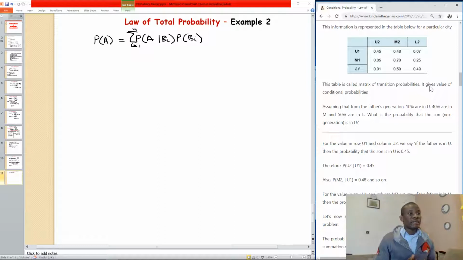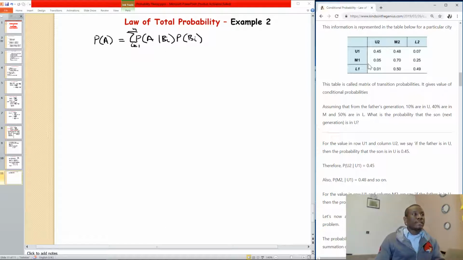Assuming from the father's generation, 10% are in upper level, 40% are in middle class, and 50% are in lower class. What is the probability that the son is in upper level? For the value in row U1 and column U2, if the father is in U, then the probability that the son is in U is 0.45.